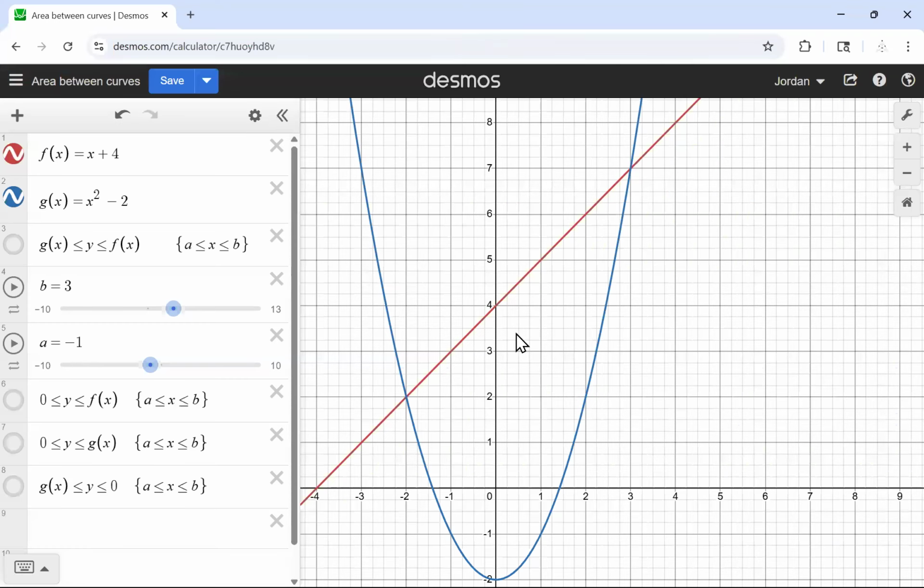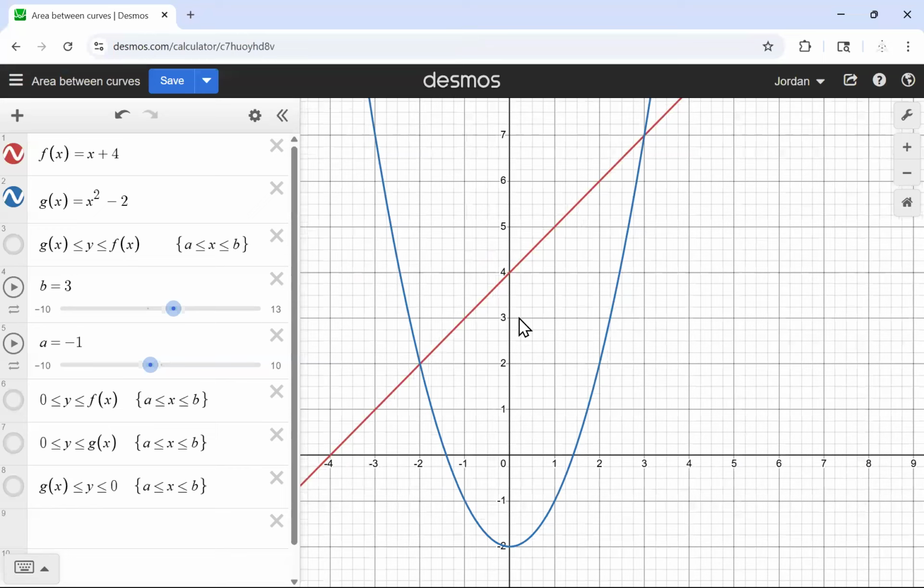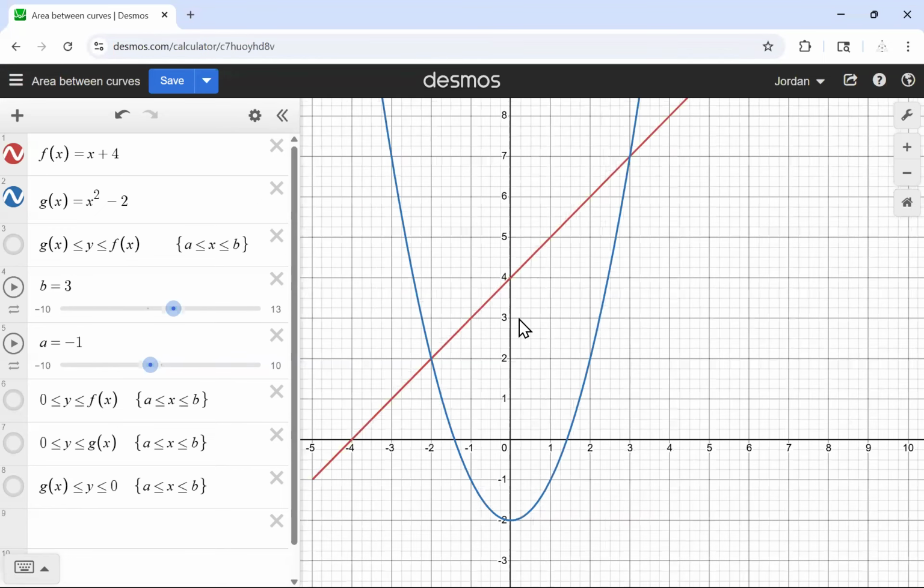The first thing I typically do is graph my two curves. So one was y equals x plus 4, the other was y equals x squared minus 2. And we're going from -1 to 3.